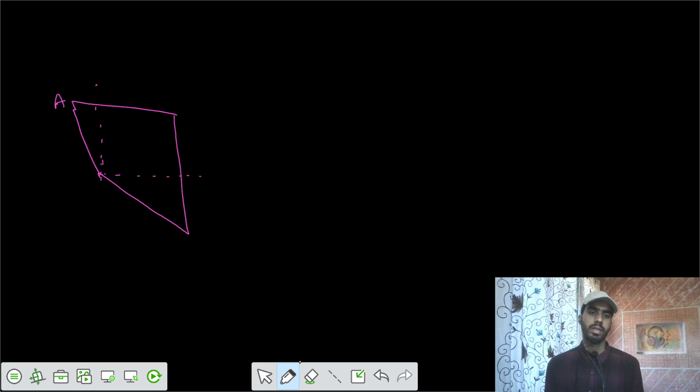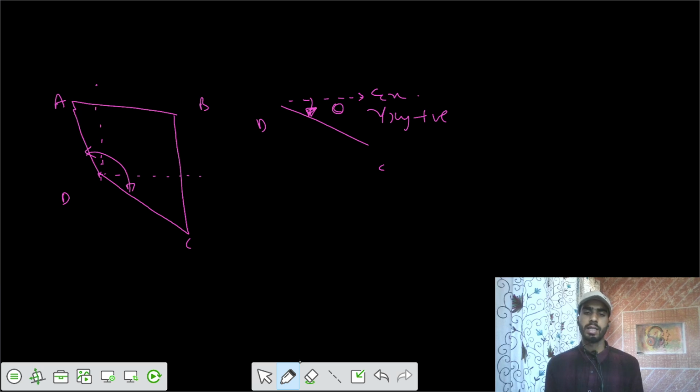So this is A, B, C, D. Now let's talk about this one, DC. Let's say this is strain along X, and clockwise is theta, that means gamma xy is positive. So you got a point, that one is EX comma gamma xy by 2.